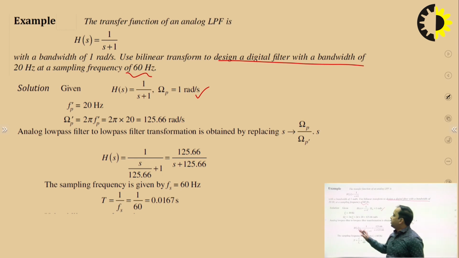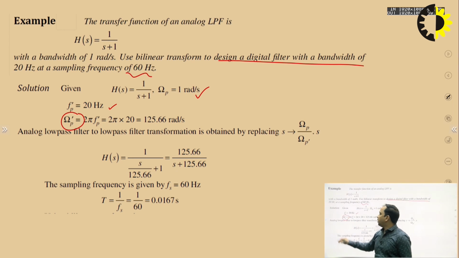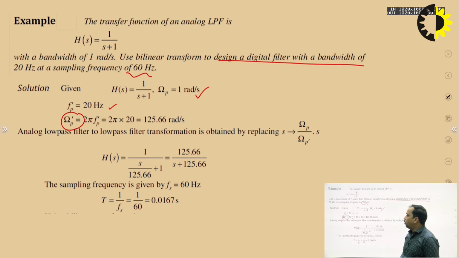Also, the desired frequency which we need to design for the digital filter is 20 hertz. So let's say we assume fp'. We just want to calculate Ωp'. So Ωp' is 2π fp'. So we are getting 125.66 radian per second.